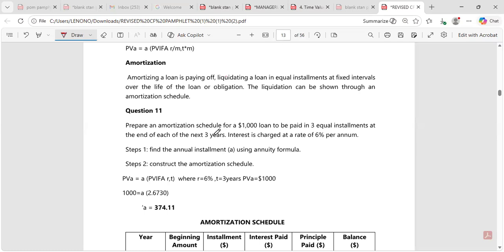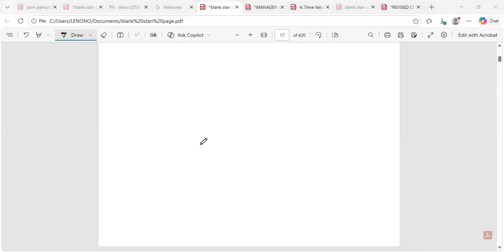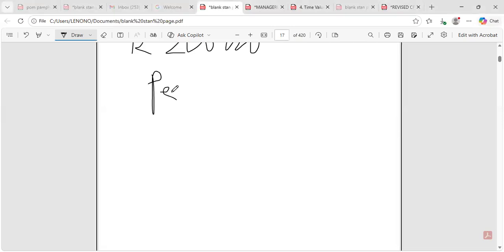So now under amortization, we look at the loan repayment, what we call periodic repayment.